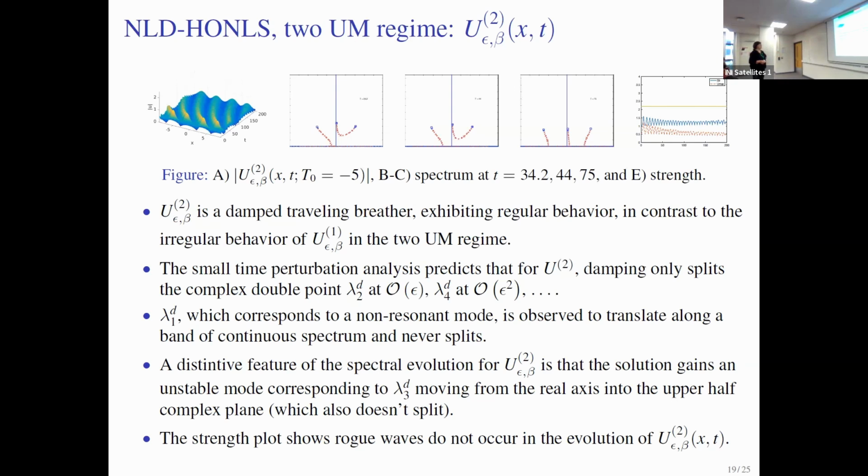And so a distinctive feature for this case is that you also end up having a third mode, lambda 3, move from the real axis into the upper half complex plane, and that one also doesn't split because it's not a multiple.